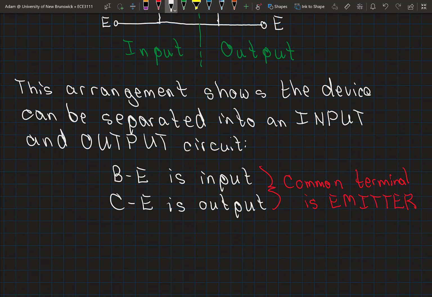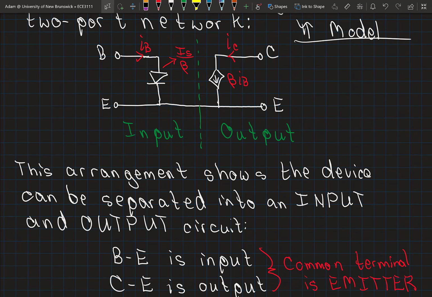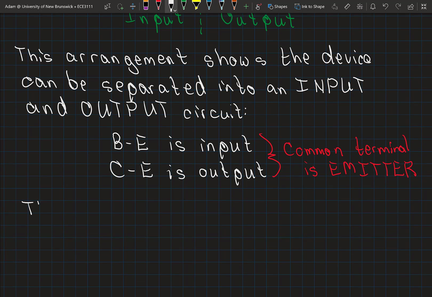And the factor that links the input and the output here is this term beta, and that's the reason behind this factor being referred to as our common emitter current gain.